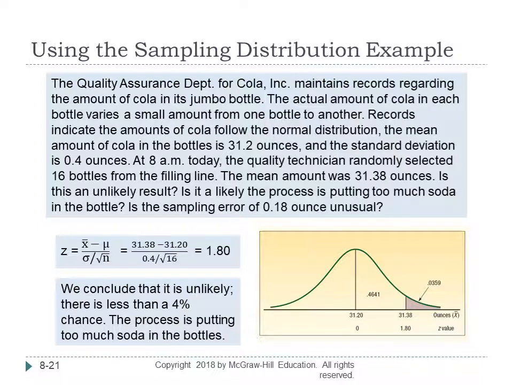Of course, the table will show us an area of 0.4641 between 0 and 1.8. That means the probability that you get this quantity is less than 4%, which is the shaded area in the graph. So that's why we decided that this is not likely, and therefore the process is putting too much soda in the bottles.